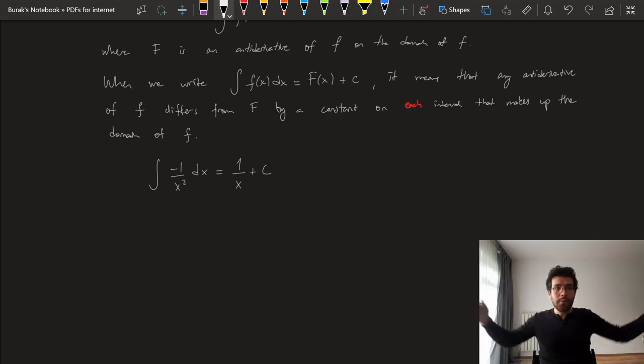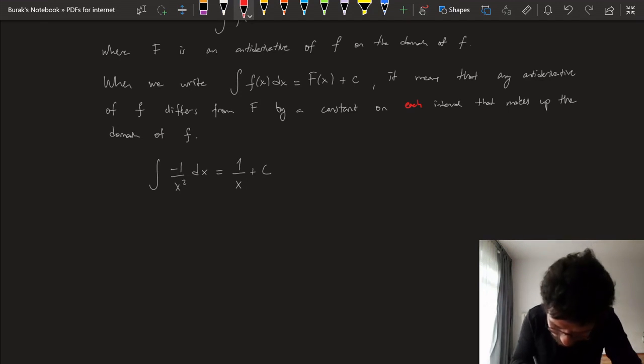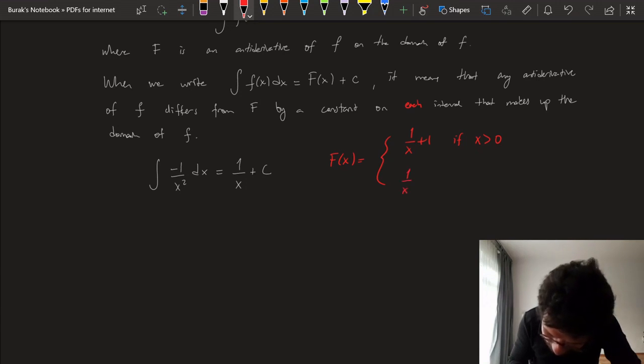In general, you only see one connected interval which makes up the domain of your function, but there can be more. And what can happen is this. Consider this function, big f of x. It's of the form 1 over x plus 1 if x is positive, and it's 1 over x minus 7 if x is negative.